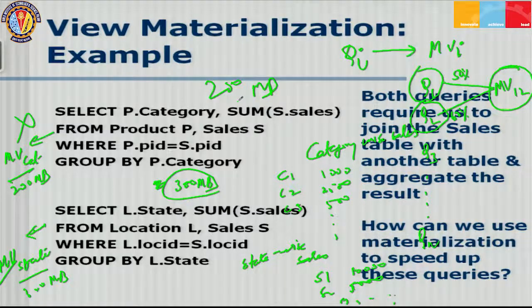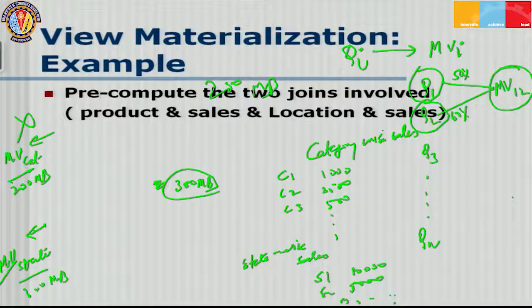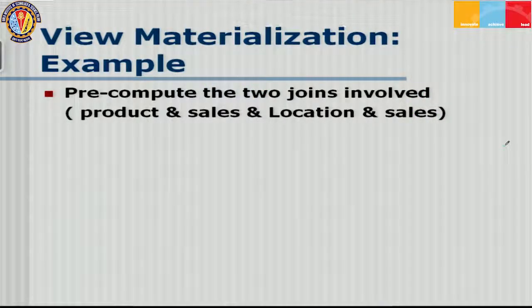I gave you certain options, right? So let me just formally put them in the next slide. Pre-compute the two joins involved, that is product and sales.